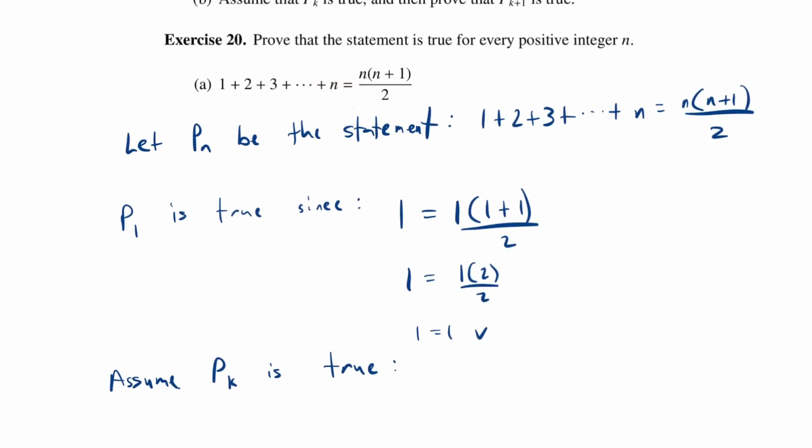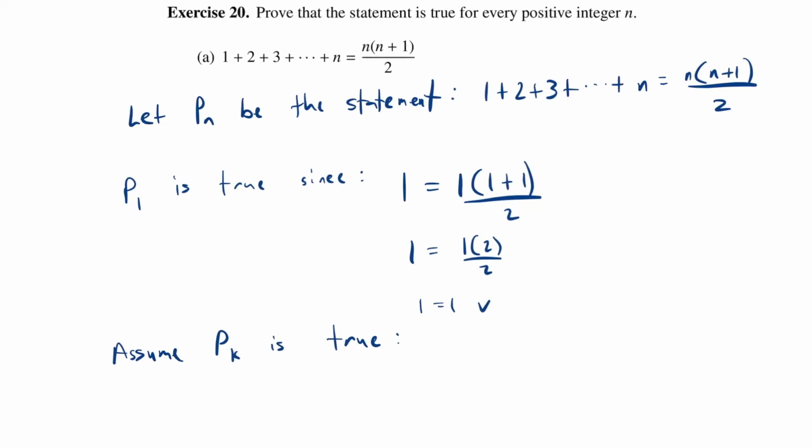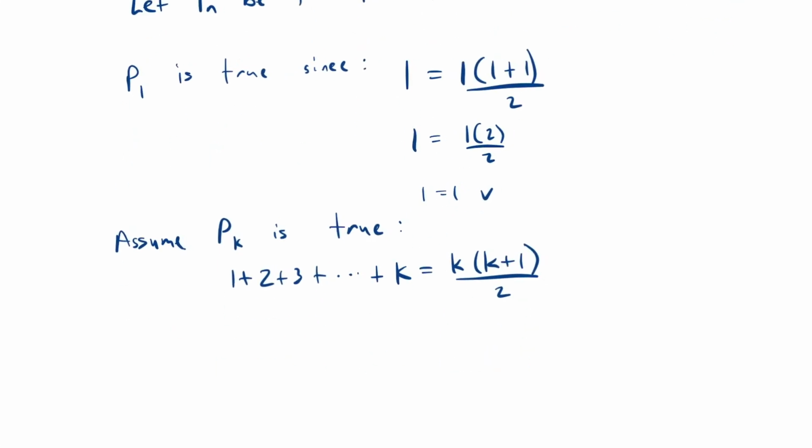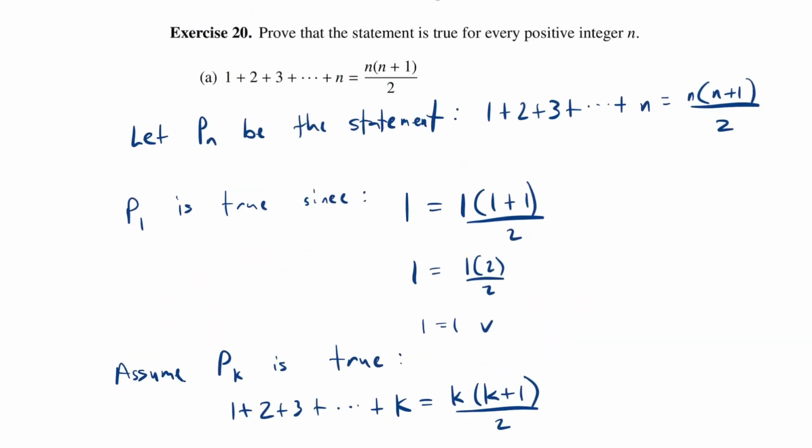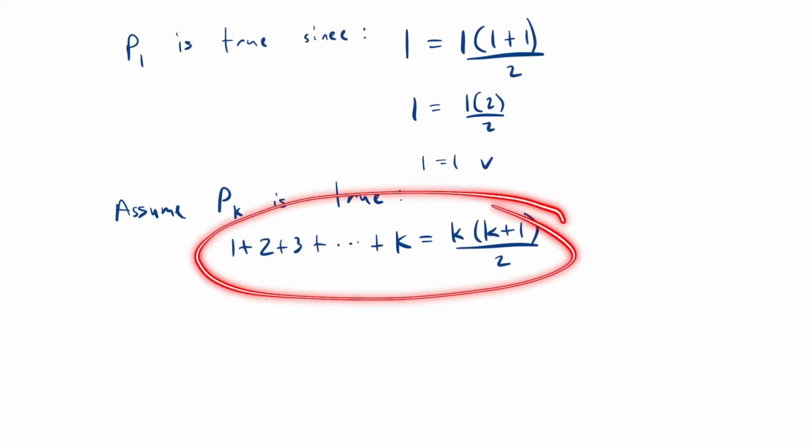So we're going to write 1 plus 2 plus 3 plus ... plus k is equal to k times k plus 1 over 2. So we're assuming that this statement is true. All I did was replace the n with a k on both sides of the equation. That's all we did. So we're assuming that this is true. That's called the inductive hypothesis.